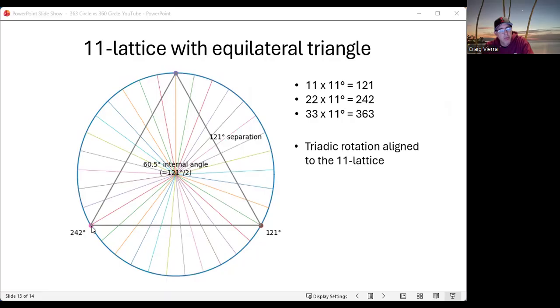This would be 242 degrees. And you can see the vertices of the triangle are locking into the actual nodes on the 363-degree scalar circle. So it's got a triadic rotation that's aligned to the 11 lattice.